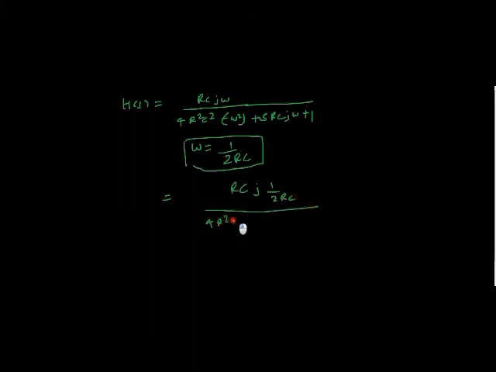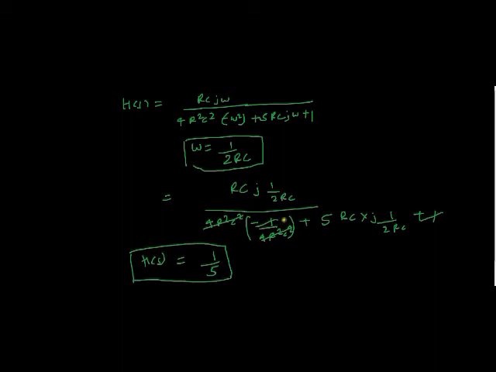In this case, 4R square C square times omega square gives 1 by 4R square C square, minus, plus 5 times RC into j by 2RC, plus 1. So as you can see, this is a multiplication, this will go and this will go, and we end up with just minus 1. This minus 1 and plus 1 get cancelled, and we are left with just this term. RC j everything will get cancelled, and we get H of s as just 1 by 5.